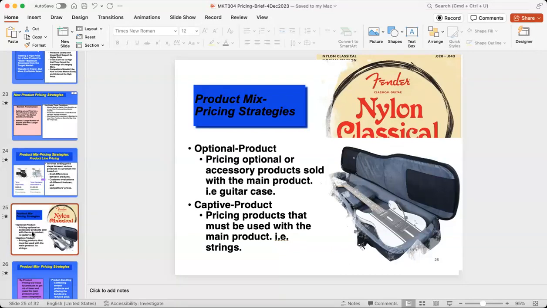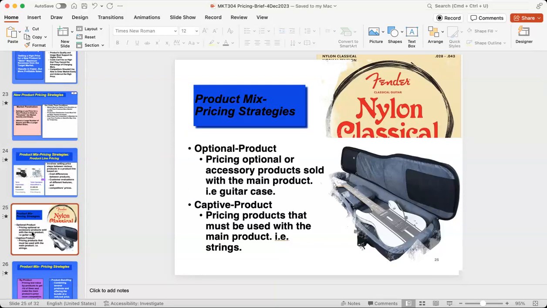So in that situation, you will say, oh, I want a bag, and the bag will cost you $80. On the guitar that they sold for $200, they would be making $40. On the bag that they're going to sell for $80, they're going to make $35, almost the same, because the bag has a higher profit margin.